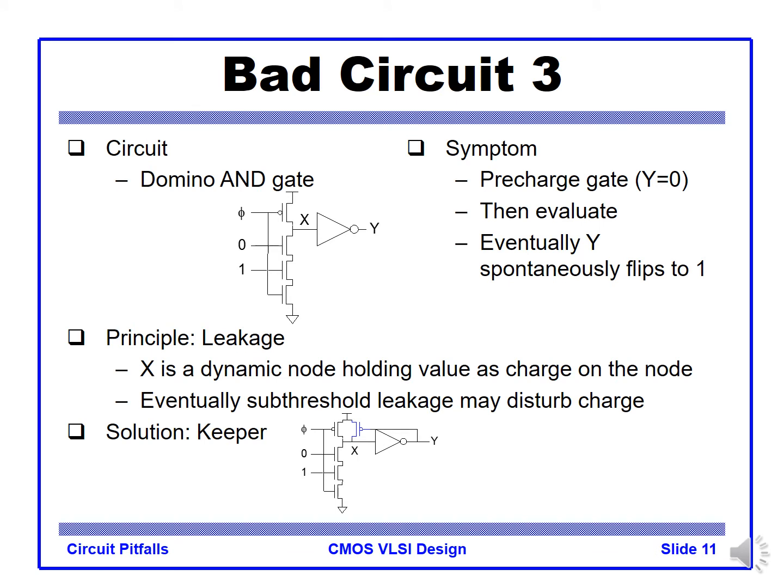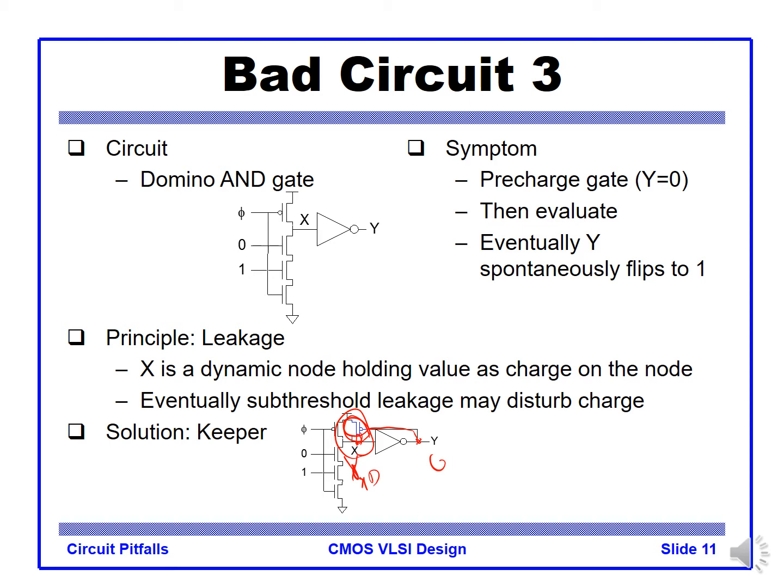The solution is making a very small keeper, with the minimum size keeper PMOS holding up the node X. So node X is VDD, then Y is 0, and the 0 output will make the keeper PMOS on, holding up X again.